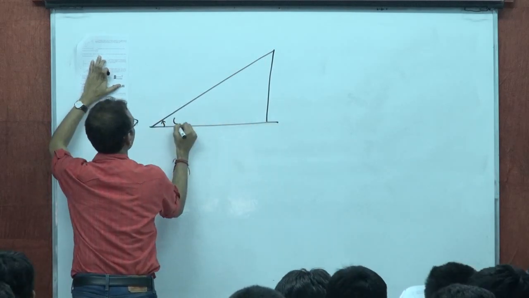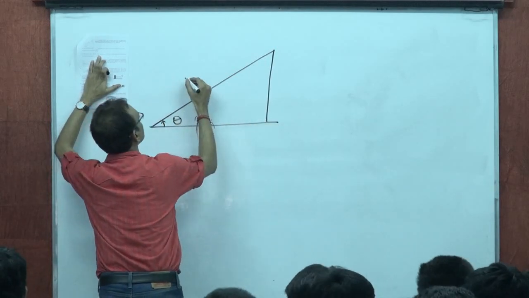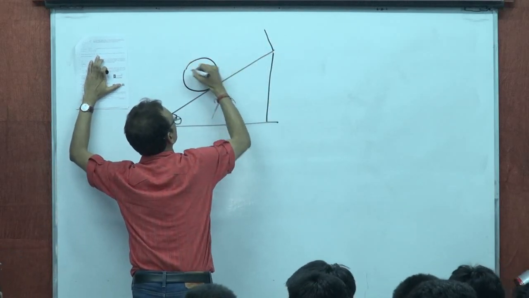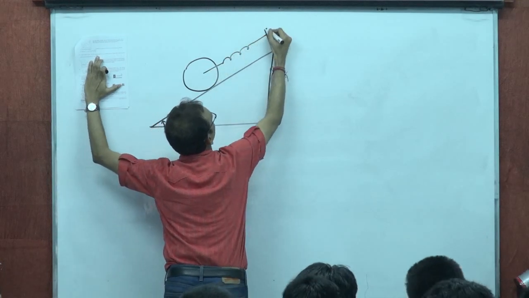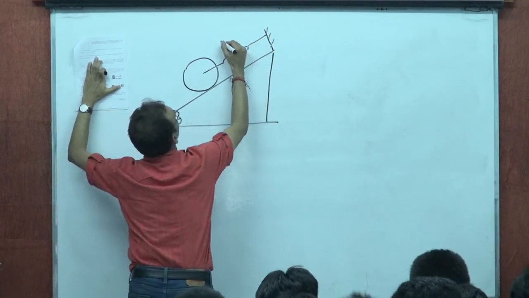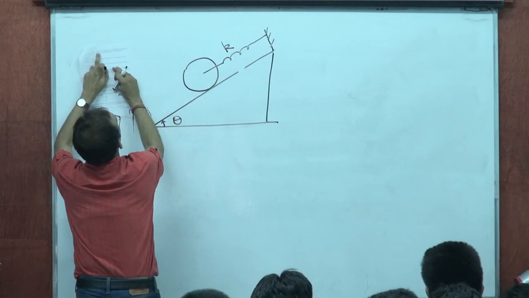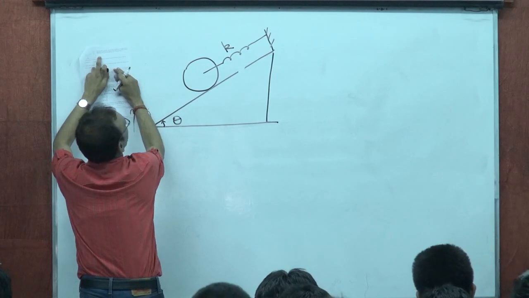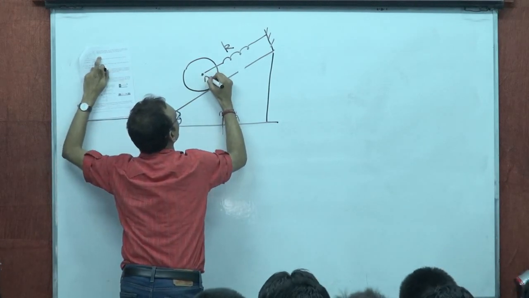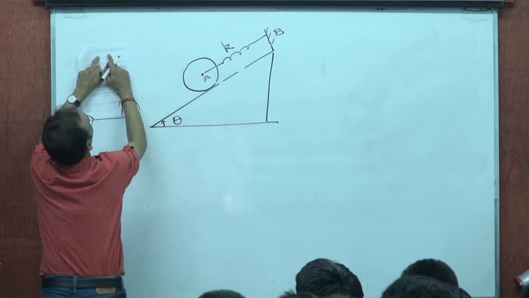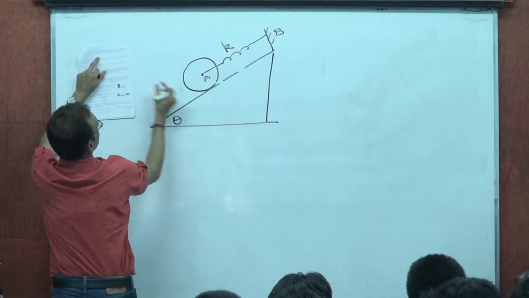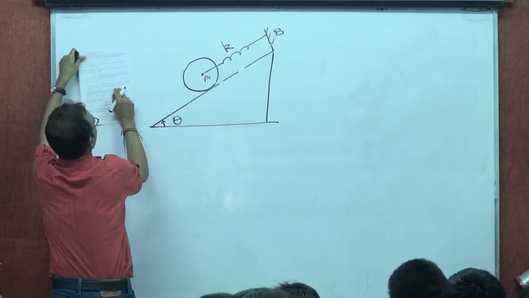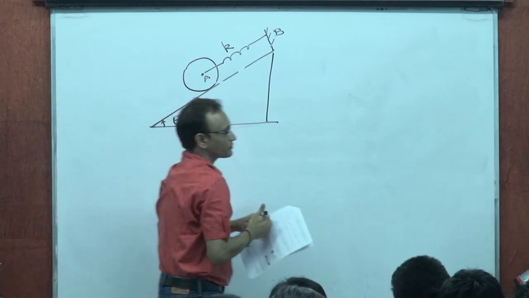Fixed inclined plane, theta, this is a cylinder of mass m, radius r, let's say, attached to the spring AB. If the center of the cylinder is moved 10 millimeters downwards, determine the period of oscillation, the maximum velocity of the cylinder, etc.